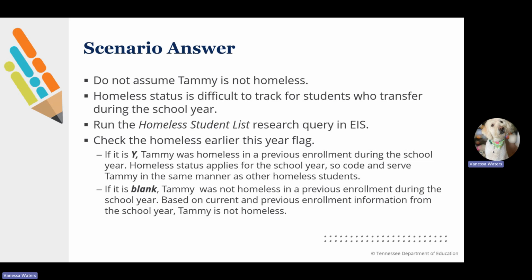Remember, homeless status applies for the school year, so you could code and serve Tammy in the same manner as other homeless students. But if it is blank, Tammy was not homeless in a previous enrollment during the school year. Based on the current and previous enrollment information from the school year, Tammy is not homeless.